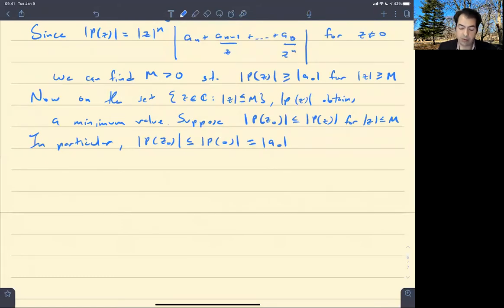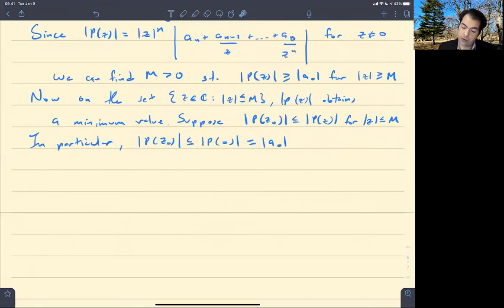I notice that sometimes I say modulus, sometimes I use absolute value. That's standard. After a while, you start calling the complex modulus just the absolute value of a complex number. So know that if I say absolute value, I mean the complex modulus. So in particular, this minimum, whatever it is, is smaller than or equal to the modulus of a naught, right?